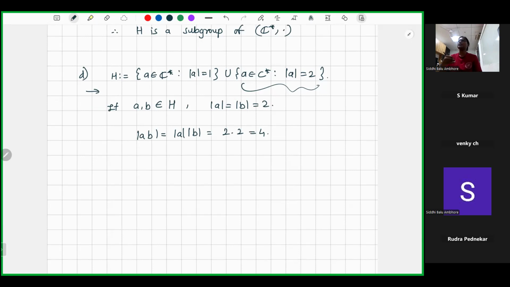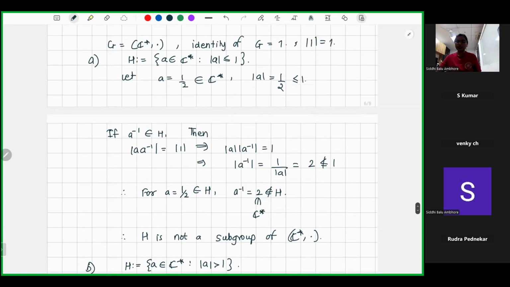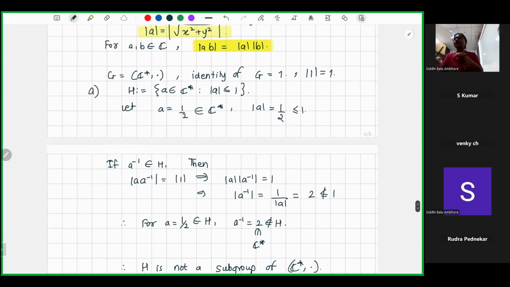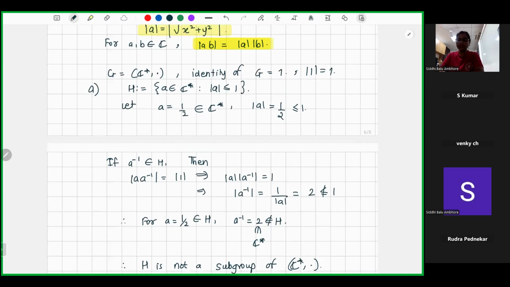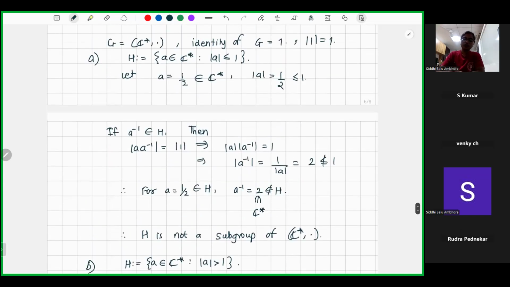The multiplication itself, there the inverse was the problem. Because see, if I take two elements with modulus less than or equal to 1, their product will still be an element with modulus less than or equal to 1. That's why we had to involve the inverse of that element.